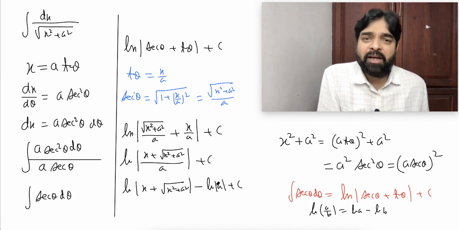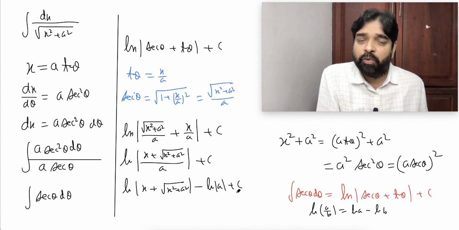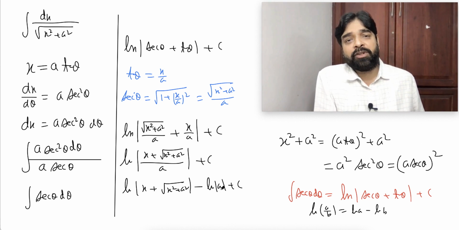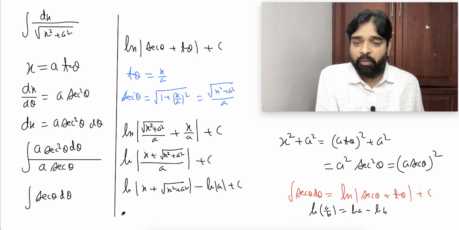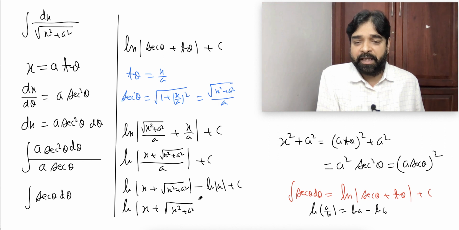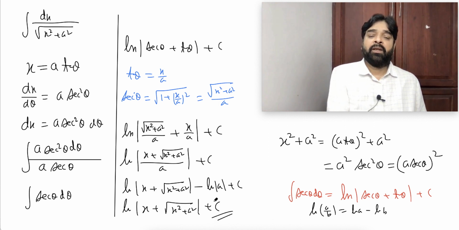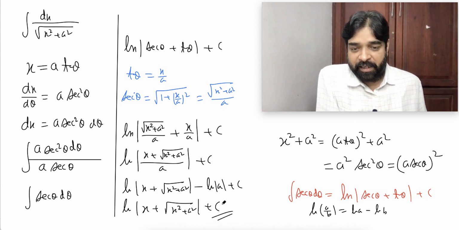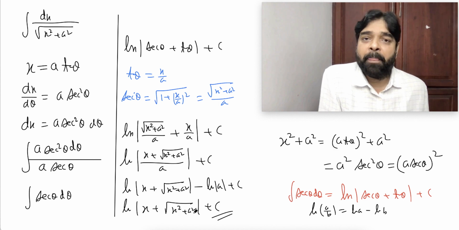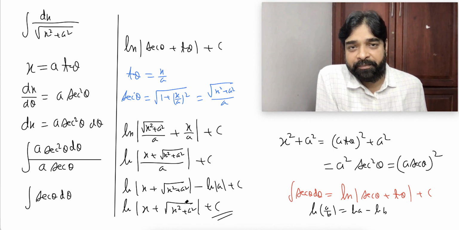Ln mod a is a constant, and this is also a constant. So these two constants, why should I write constant two times? Simply I will write plus c. So we will say ln mod x plus root of x square plus a square plus c. Of course, this c and this c will be different. That's no problem. Did you understand?